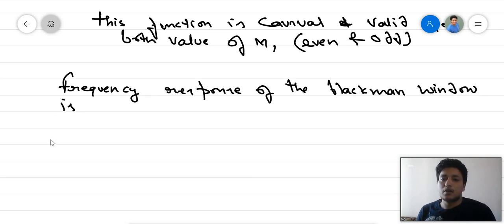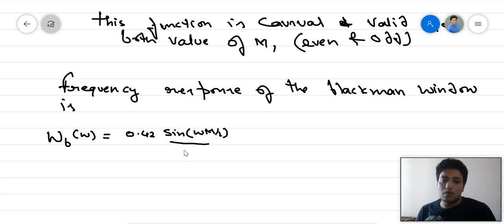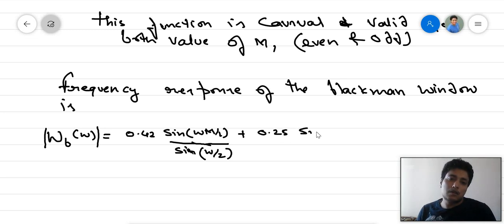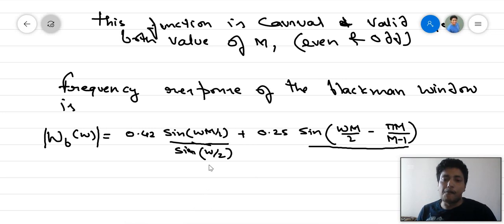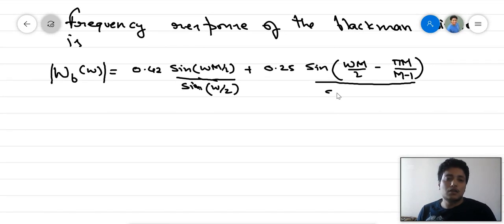W_B(omega) equals, writing the magnitude part only, 0.42 sin(omega M by 2) over sin(omega by 2), plus 0.25 sin(omega M by 2 minus pi M over M minus 1) upon sin(omega by 2 minus pi by M minus 1).